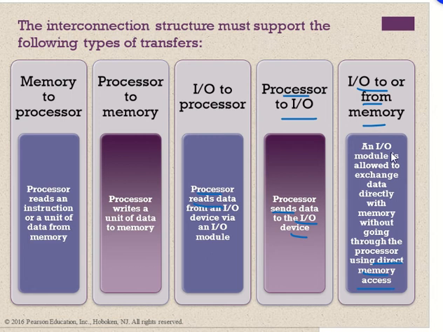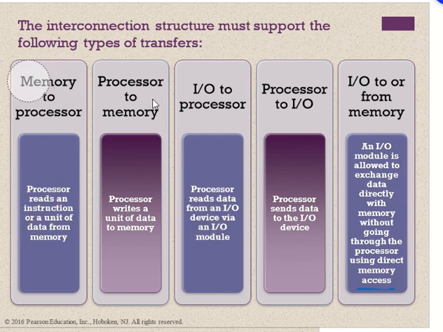What does it mean? An I/O module is allowed to exchange data directly with the memory without going through the processor. Without the intervention of the processor, I/O interacts with the memory to read or to write data.